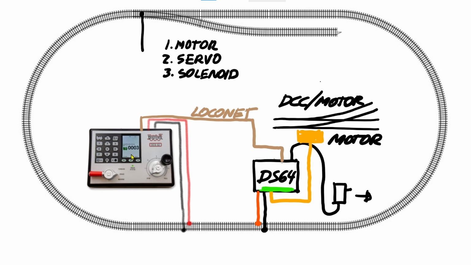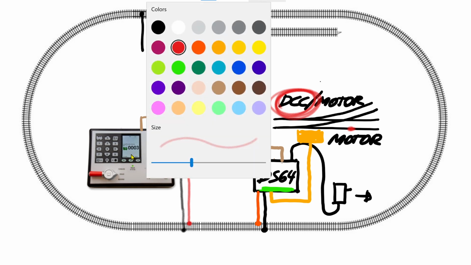Okay? Then you connecting your output of the switch, if it's DCC, okay? If it's DCC, you're just connecting that switch straight. It's, I think, 2 different wires, but just make one.